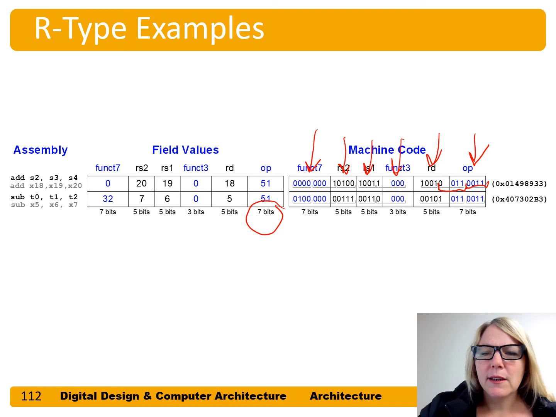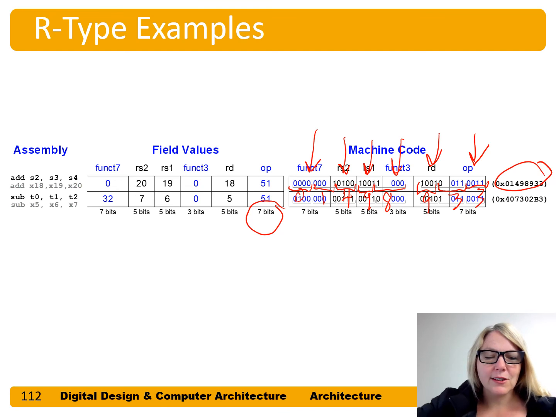So we have 3, 3, 9, 8, 9, 4, 1, 0. So right, we have 0, 1, 4, 9, 8, 9, 3, 3. And so here's our hexadecimal representation of that instruction.